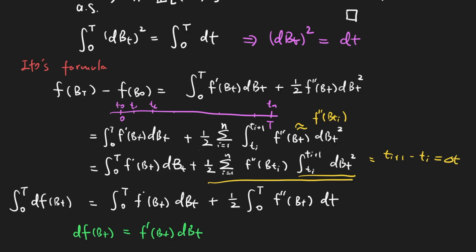This is ordinary calculus, plus a correction term of a half times the second derivative times dt. Now we have Ito's formula. The second derivative shows up exactly because of quadratic variation, which makes the dB_t squared term equal to dt.